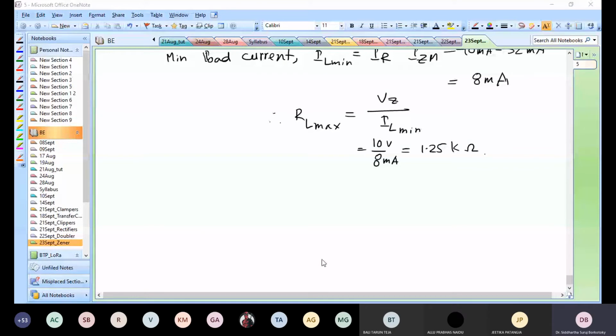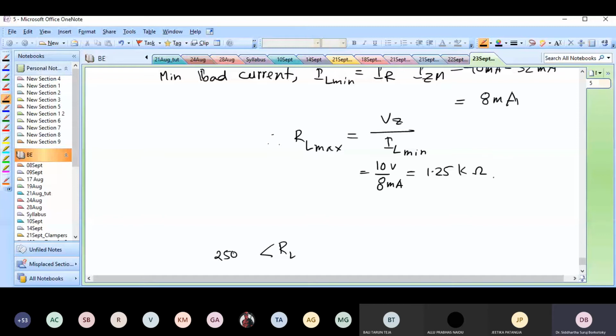So don't go below 250 ohms, don't go above 1.25 kilo ohms. Be within this range. So RL should be greater than 250 ohms and less than 1.25 kilo ohms. You can actually make them greater than or equal to. So this is our desired range.